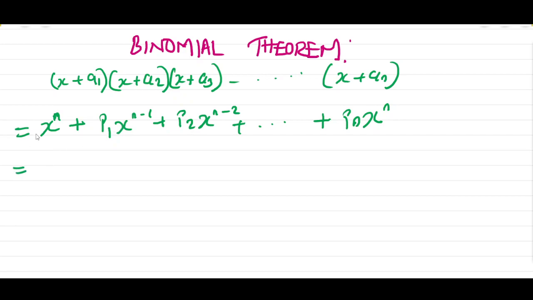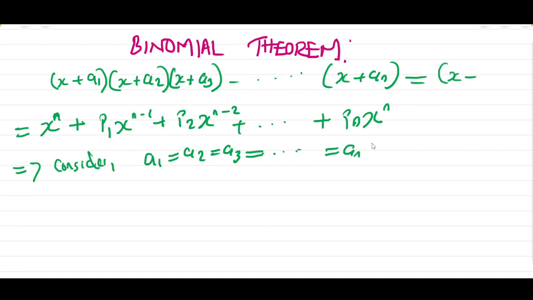But then here again we are going to consider the case whereby a1 equals a2 equals a3, and they are all equal to an. This product reduces to x plus a, all to the n power. That's what we have.